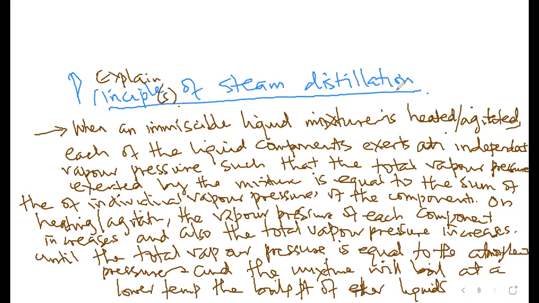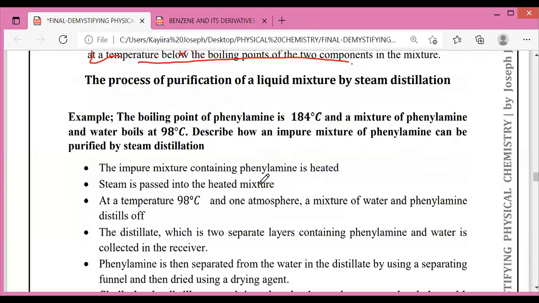or the principle on which steam distillation is based. Are we together? Yes. Okay. If that's fine, we are almost concluding the lesson. We should go through the process of purification of a liquid mixture by steam distillation.